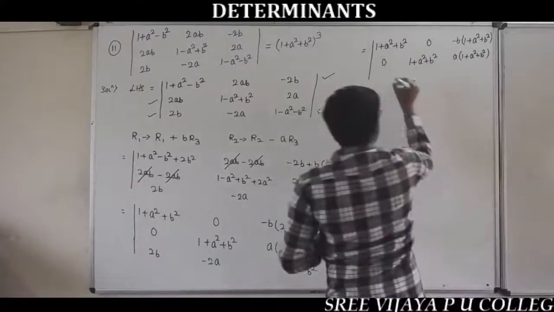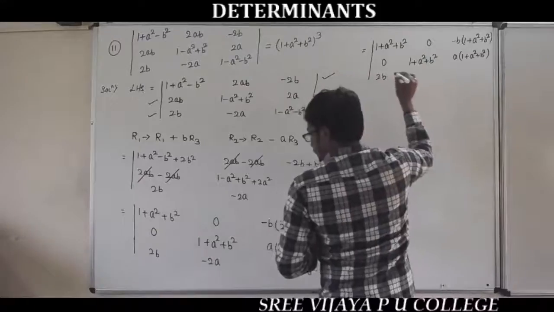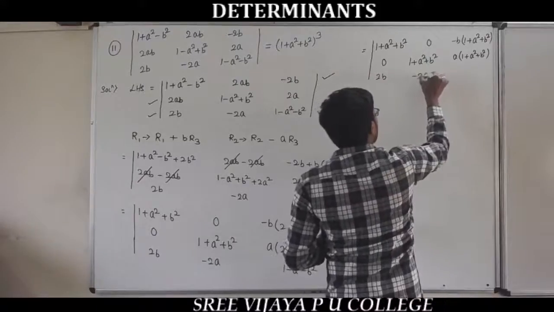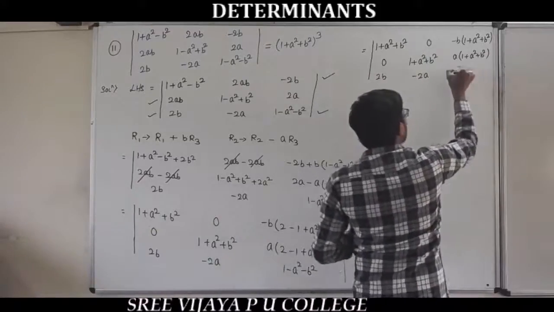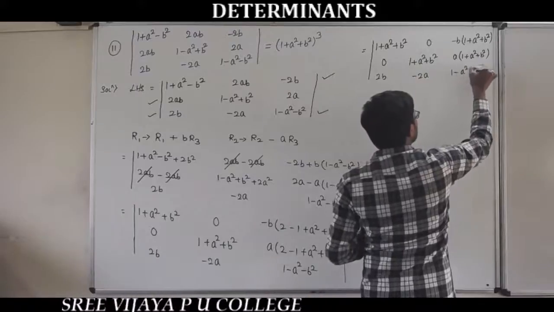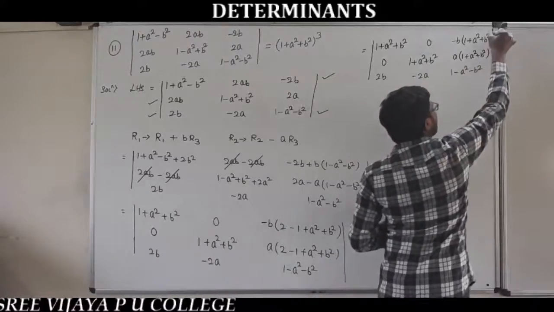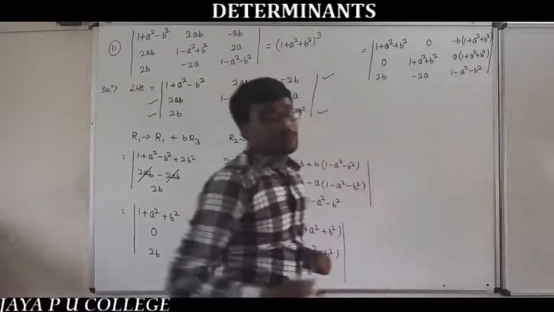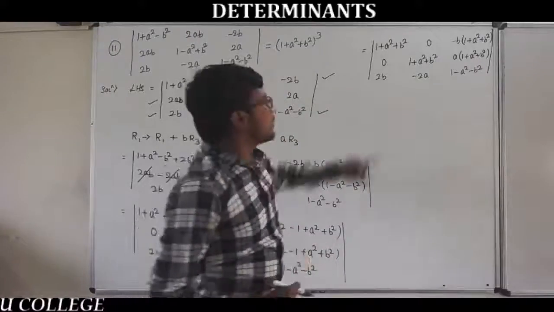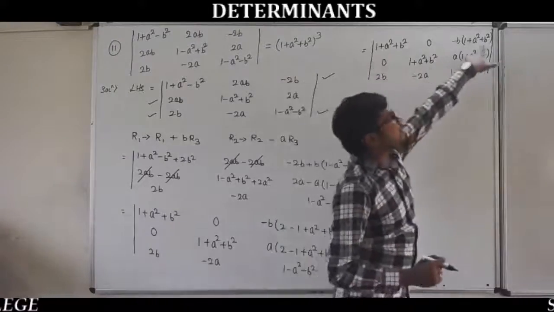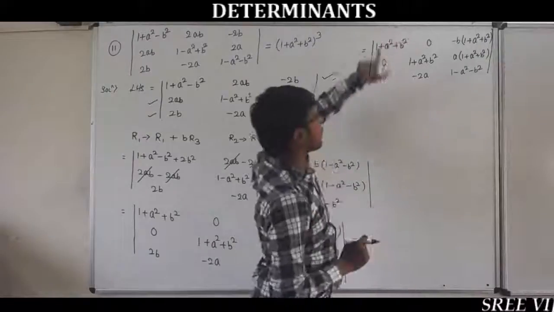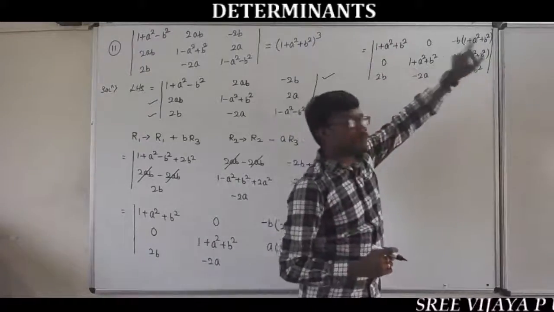So next, what is the last row? 2b minus 2a, 1 minus a square minus b square. Okay. So again what is common now? 1 plus a square plus b square is common from r1, and from r2 also common.